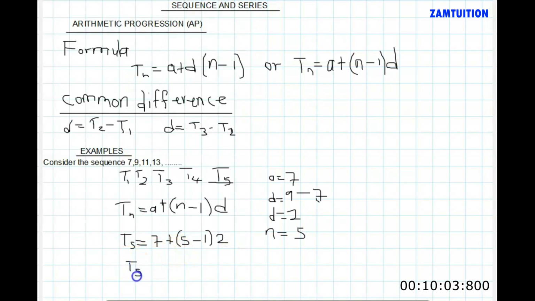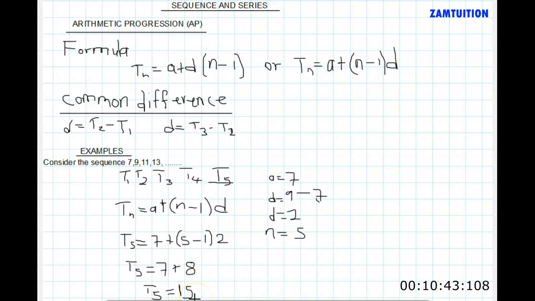We start with what is in the bracket: 7 plus, 5 take away 1, we have 4. 4 multiplied by 2 gives us 8. Fifth term is equal to 7 plus 8, which will give us 15. So 15 is our fifth term.